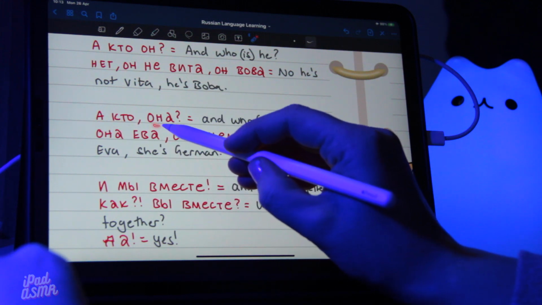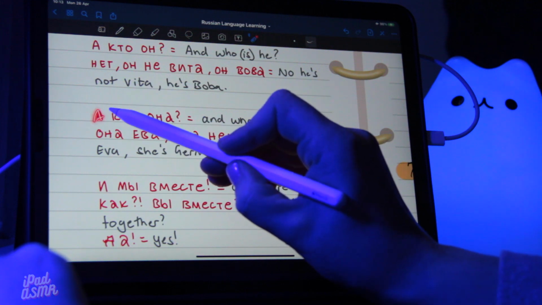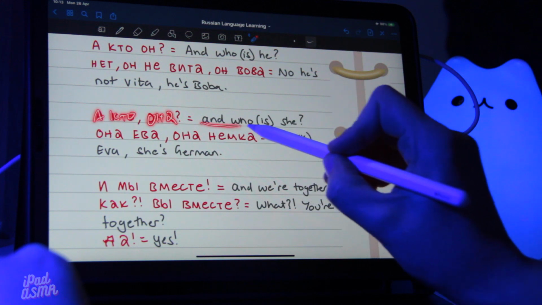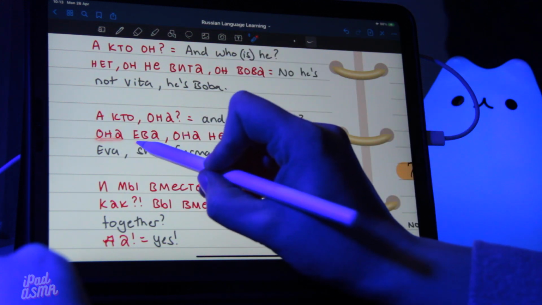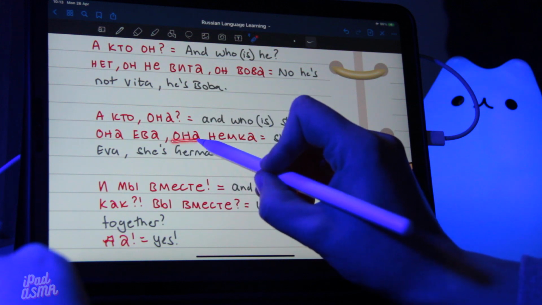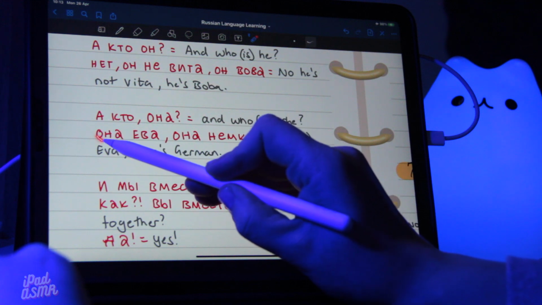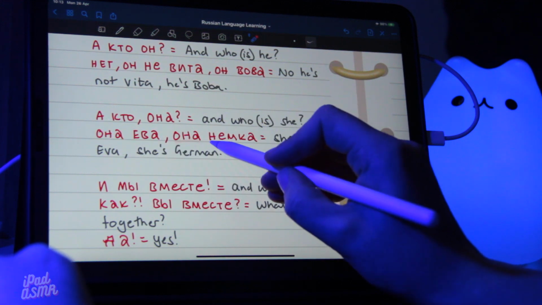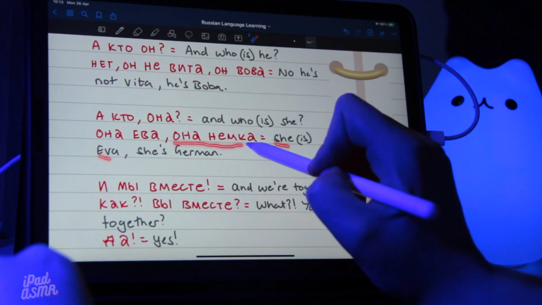Kto Anna? And who is she? Who is she? Anna Eva. Anna nemka. She is Eva and she is German.